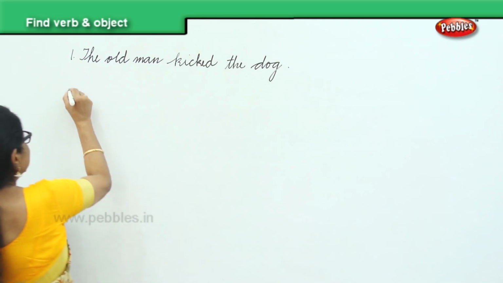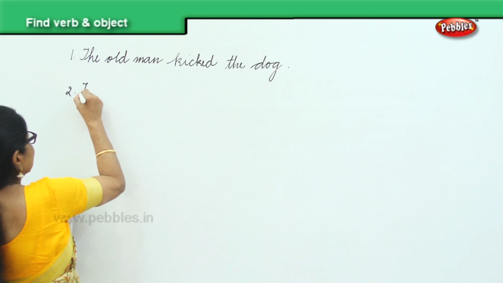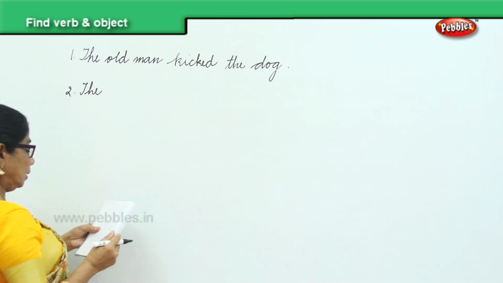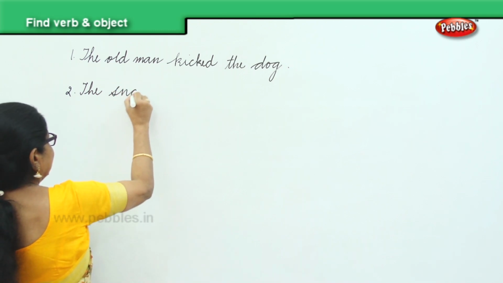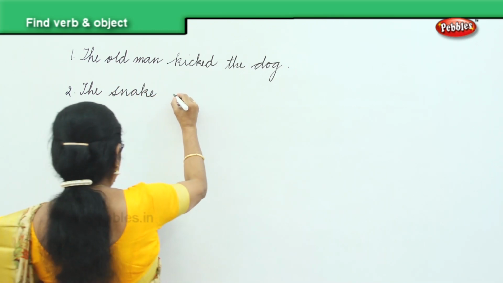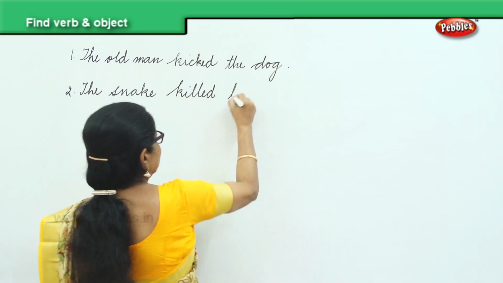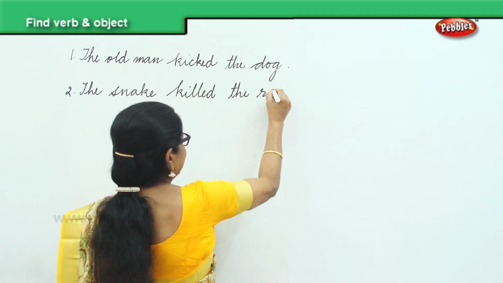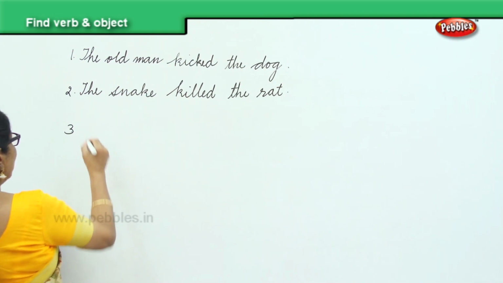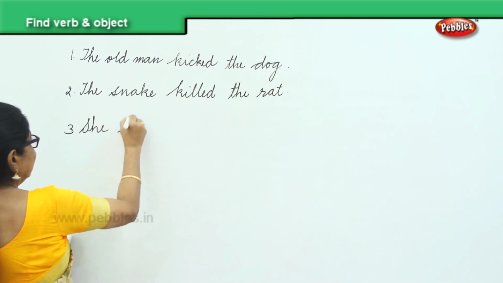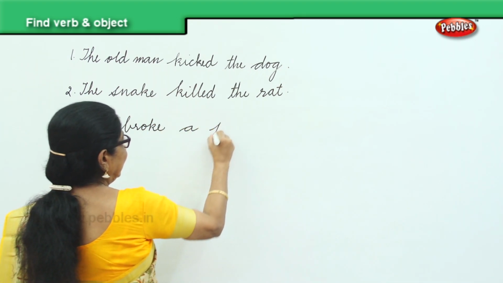And the next one, the snake killed the rat. Next we have, she broke a plate.